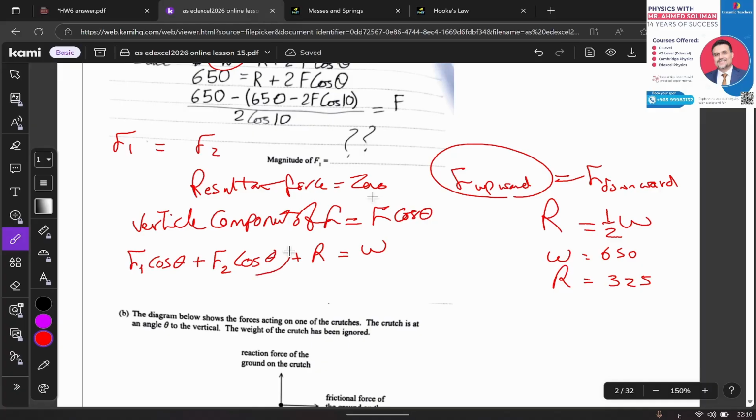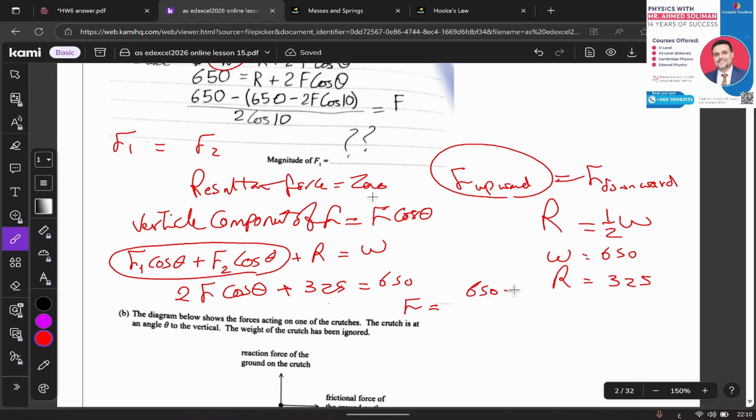So now how many F cosine theta do we have now? 2. 2F cosine theta plus 325 equals 650, right? So now if we need to find F, it will be 650 minus 325 over 2 cosine 10, right? So F equals what?